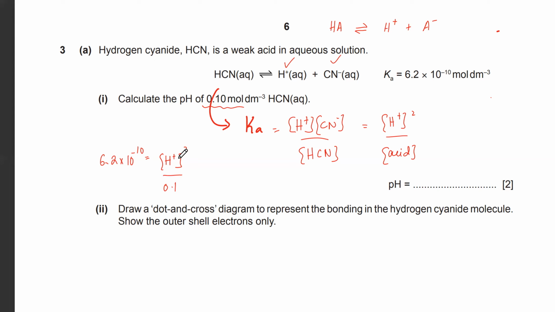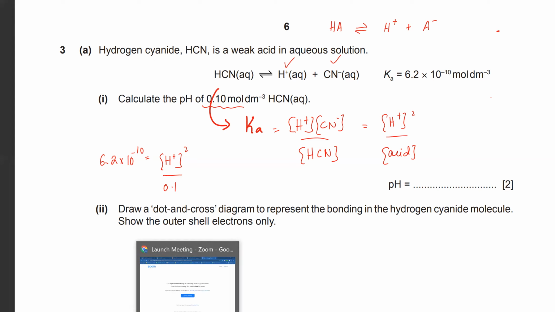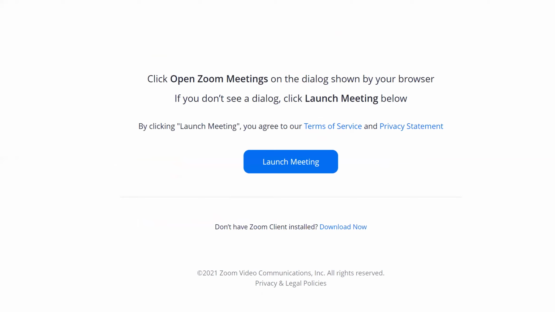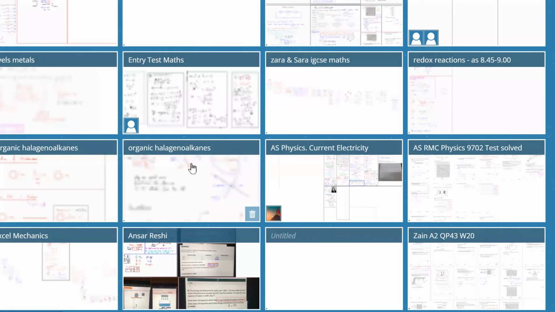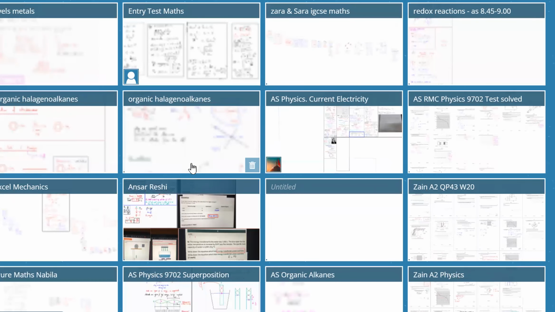As I started off with the paper, I think we were supposed to do nitrogen compounds, which we were doing actually, and we were going to complete organic. Just a second.